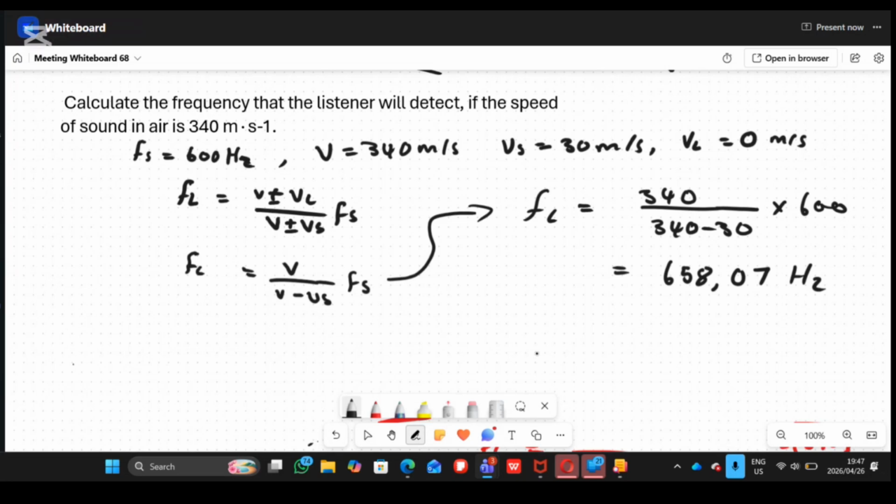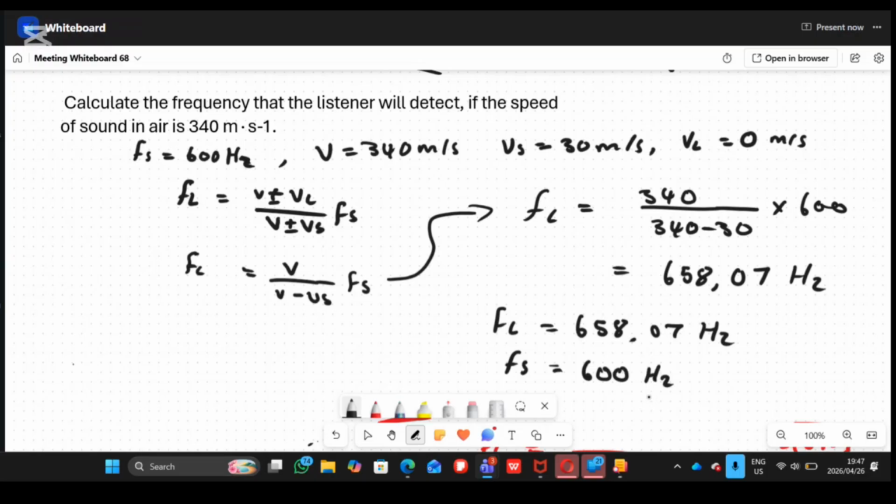I also want to make a certain conclusion. Remember, when I was first doing this topic, the first introduction, when I was talking about the frequencies, there was something that I didn't want to talk about because I assumed that I might confuse you. I want to show you something: the frequency of the listener is equal to 658.07 hertz, but the frequency of the sound source is equal to 600 hertz.